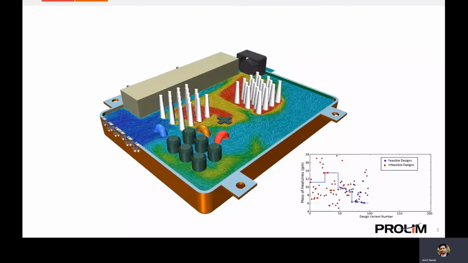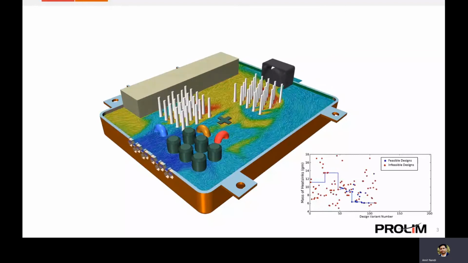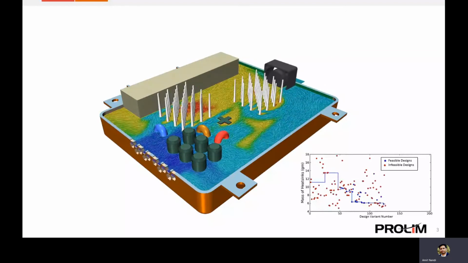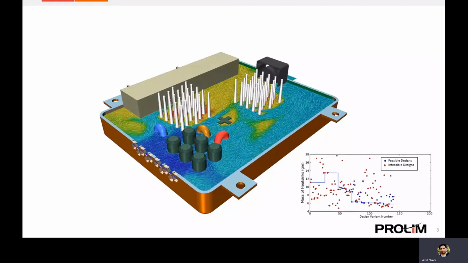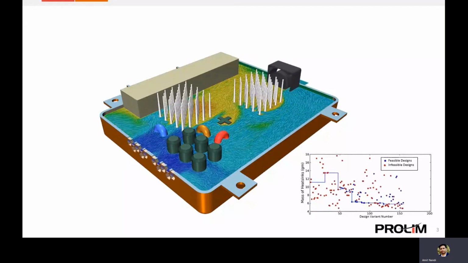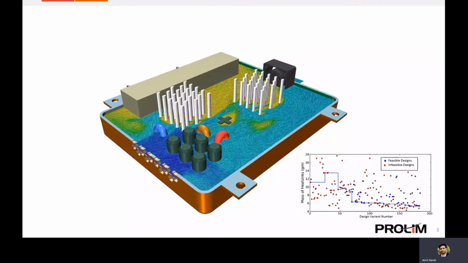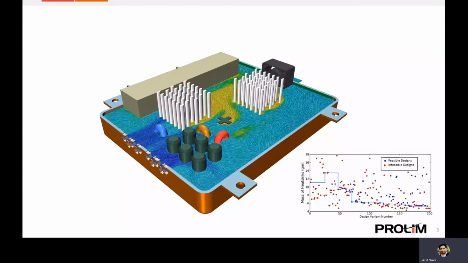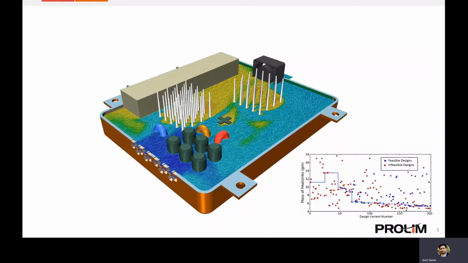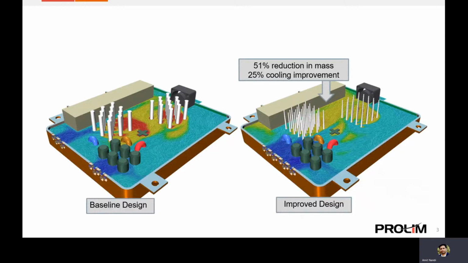If you look at the graph, each dot represents one design modification that has been done. So you can evaluate a number of designs in this particular study. It has reached almost 200 evaluations. In this, there are some feasible designs and some infeasible designs as well. If you compare this with the baseline design, this is how it looks.